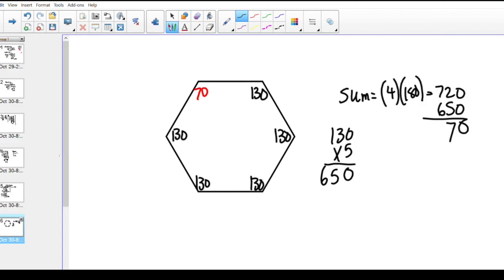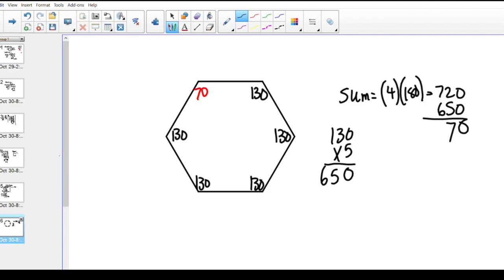Okay, number 6. What is the measure of one exterior angle of a regular convex polygon with the given, that's a lot of words. Can somebody decipher that for me one more time? What is the measure of an exterior angle of a regular convex polygon?